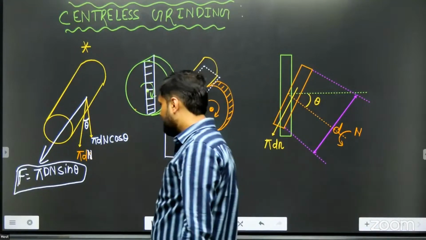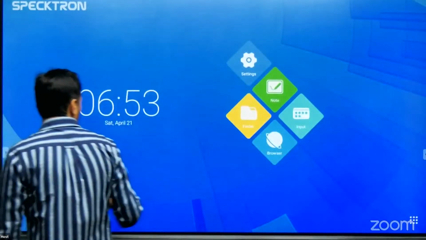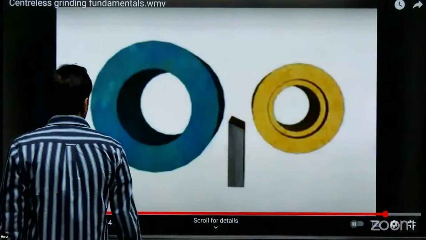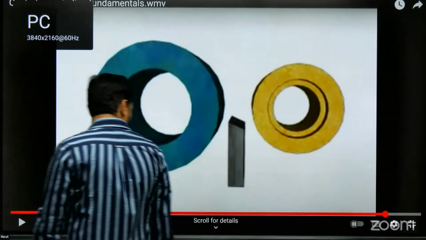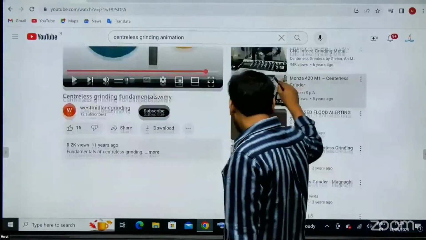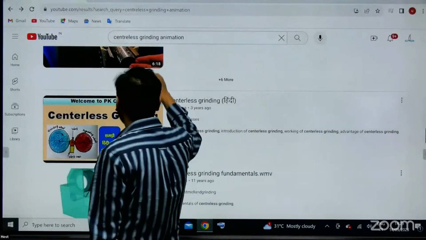And this you can observe very clearly if I show you the real centerless grinding operation, which was here in many videos.